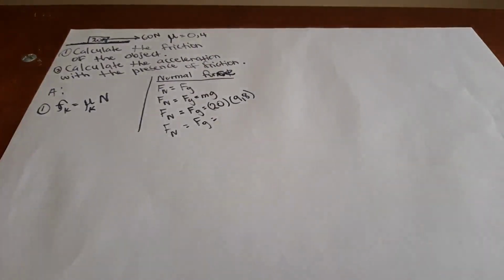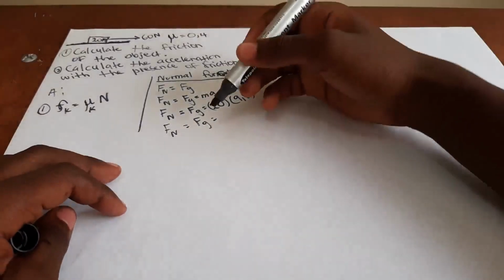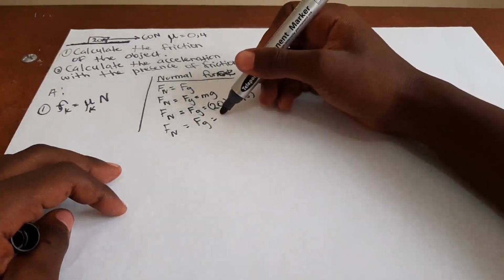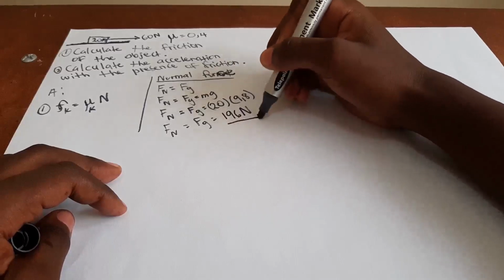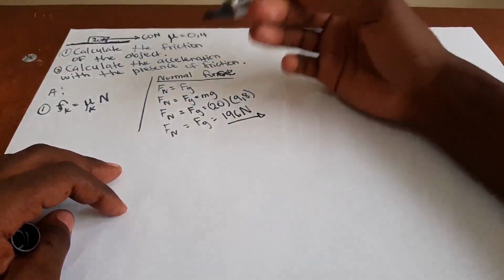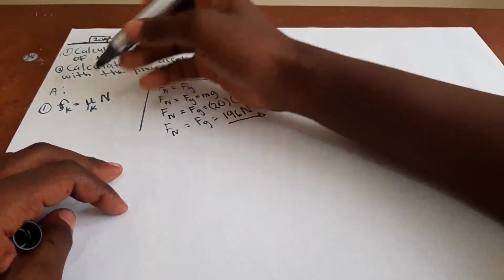Let's multiply in our calculators: 20 multiplied by 9.8. That gives us 196 newtons. So our normal force is 196 newtons.